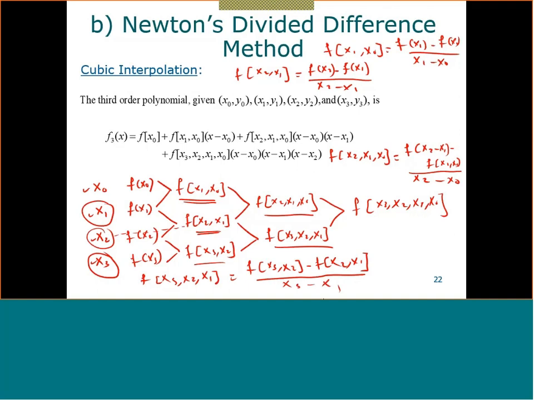Now, if I want to find f of x3, x2, x1, x0, it is nothing but this minus this divided by the range from x3 to x0. So divide by x3 minus x0. So with this, now I can have any order.